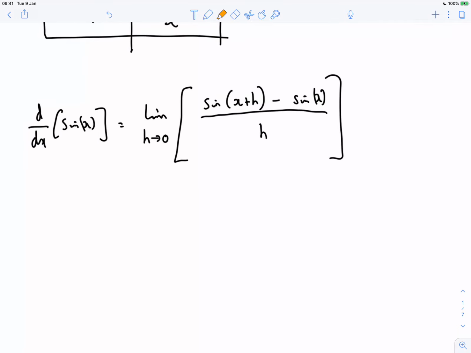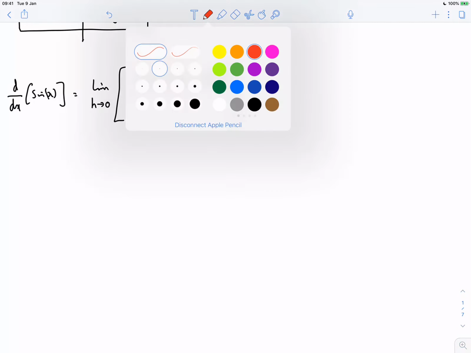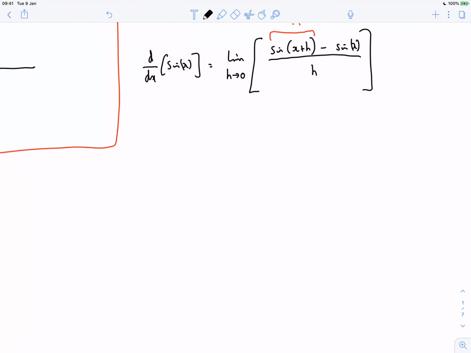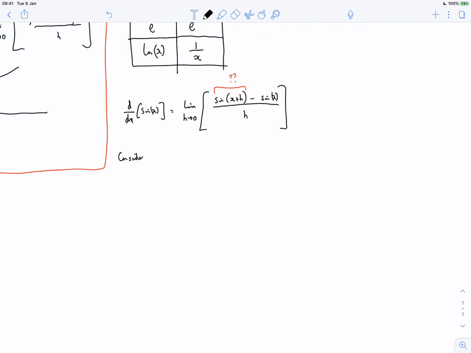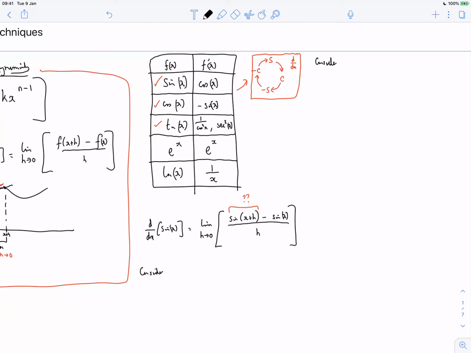So really we need to evaluate this, and on the surface of it there's not a lot we can do here unless we actually know what happens when we do sine of x plus h. And we're going to have to take a step back a little bit here, and there's various ways we can do this, but I'm going to ask you to consider the following construction.